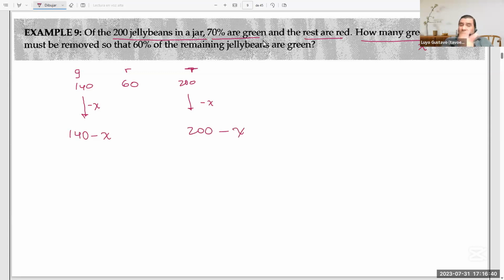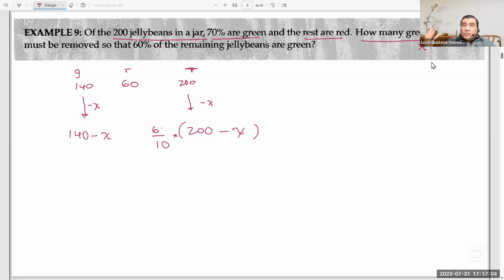And what is the connection between these two quantities? It says that the green jelly beans that are remaining, right? 60% of the remaining jelly beans are green jelly beans. So what is 60% of the remaining jelly beans? Is 0.6 or 6/10.